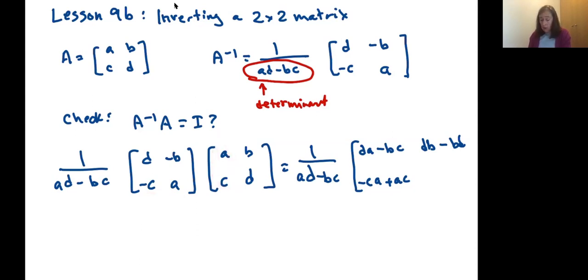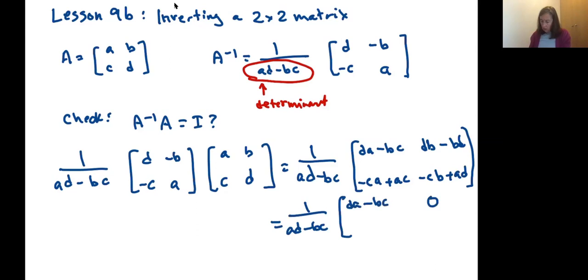And now for the 2, 2 element, I need the second row of the lead and the second column of the lag. And that is negative C times B, negative CB plus A times D. Okay, let's pretty that up. 1 over AD minus BC, DA minus BC. DB minus BD is 0, and so is negative CA plus AC.